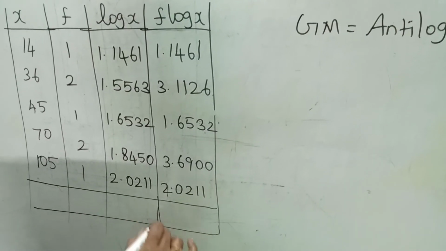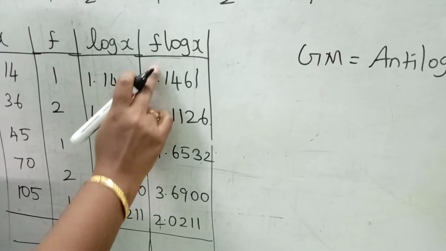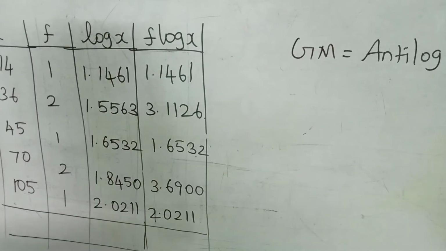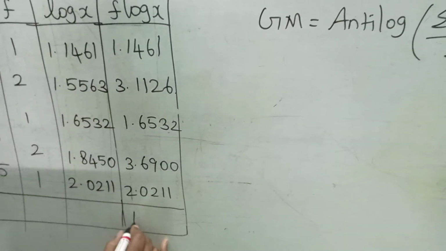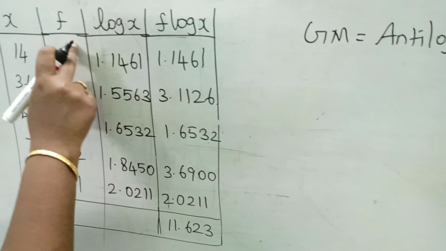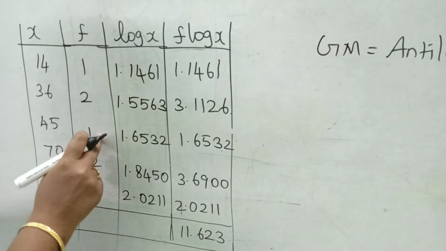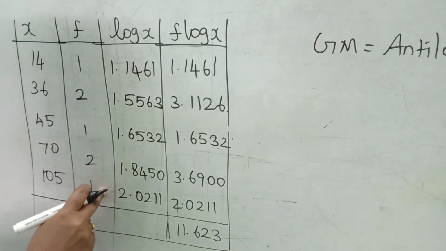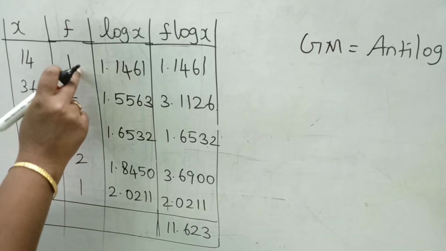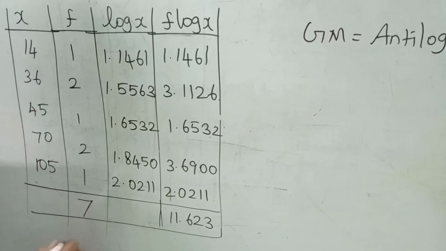Last, I am going to add the f log x column. Sigma f log x, with the help of the calculator, is 11.623. Next, I need sigma f, therefore I am adding the second column: 1 plus 2 plus 1 plus 2 plus 1, which is 7.